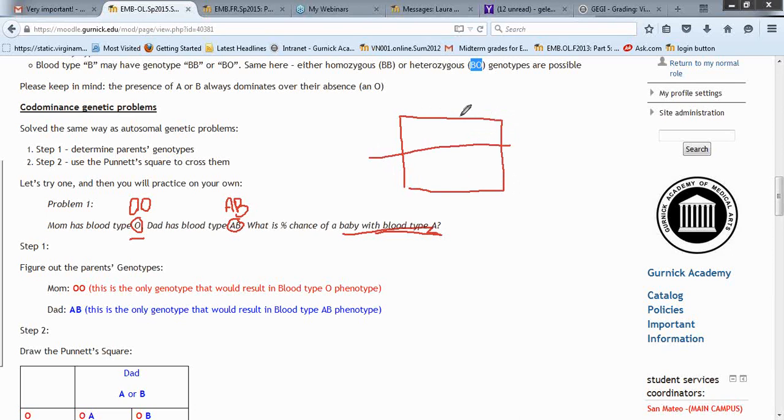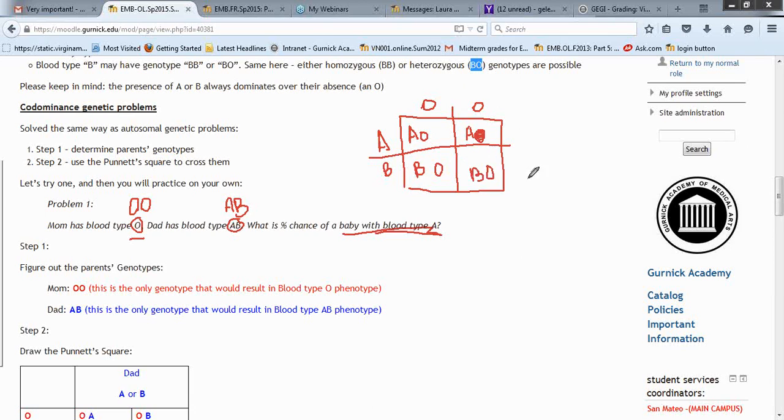Now that we have the parents' genotypes, mom, dad, all we do is just copy from the side, from the top, from the side, from the top.